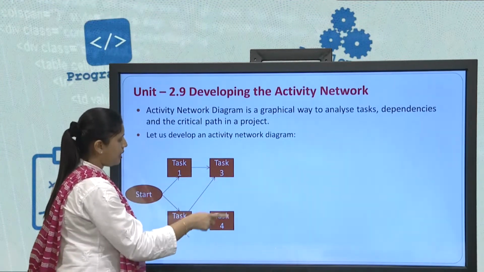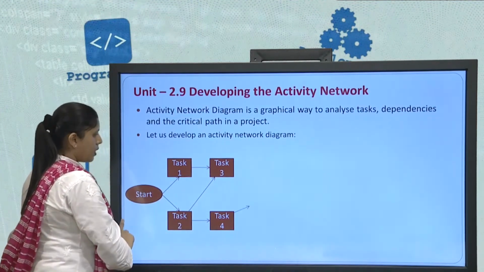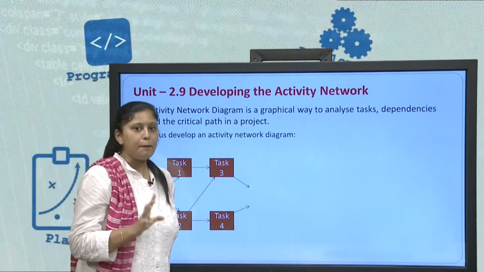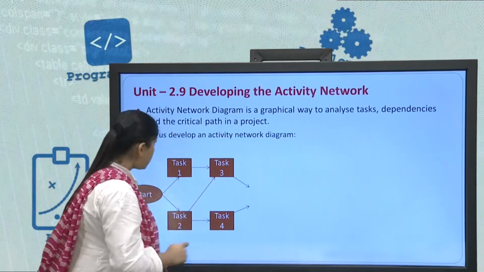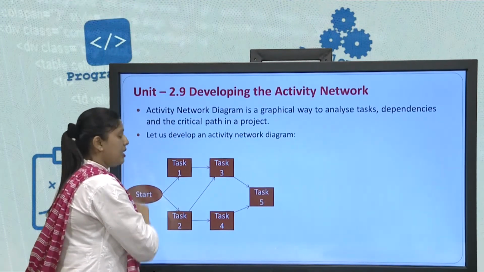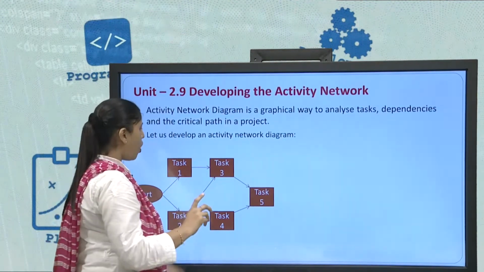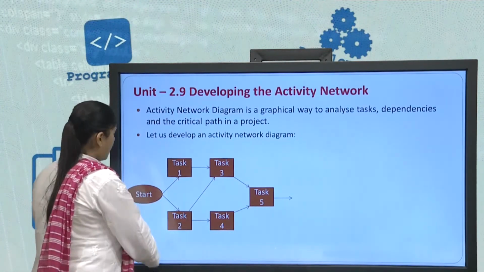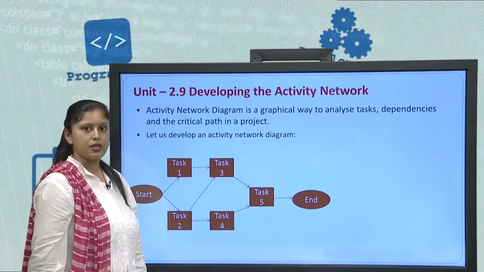I hope you can see the arrows. Then when task 3 and task 4 are completed, both of their outputs give a product called task 5, and task 5 is where I end my process.